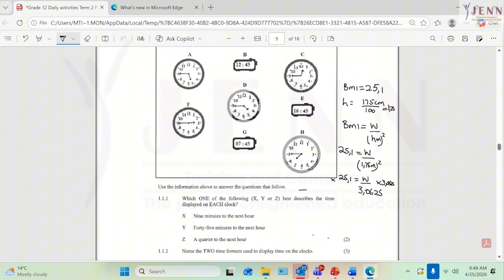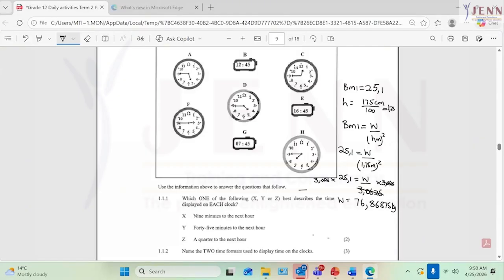Here too, we multiply by 3.0625 so that the denominator can be cancelled. You now have weight equals 3.0625 multiplied by 25.1, which is equal to 76.86875 kilograms. So that's how we do that one.